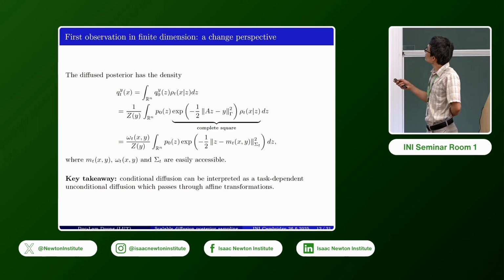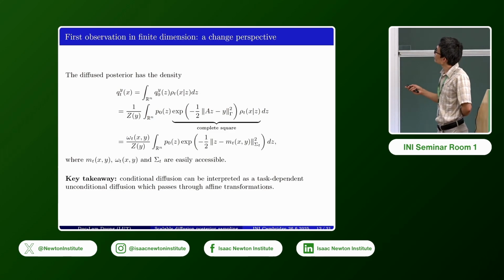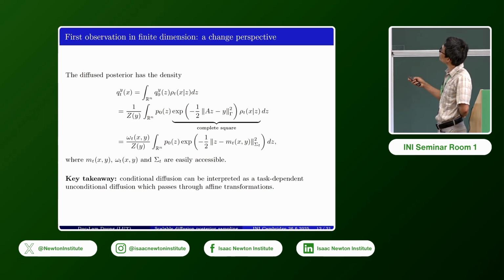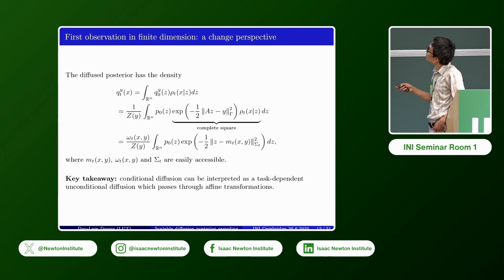Because we are considering Gaussian noise and the forward map A is linear, this is a Gaussian distribution, and same with here. You can do some simple algebra by completing the square, and then you obtain a new Gaussian-like distribution with a different mean and variance.